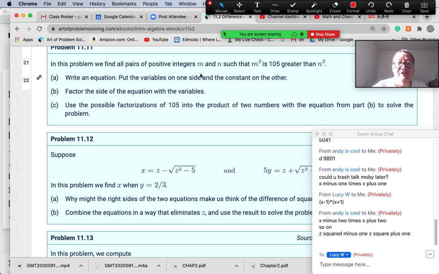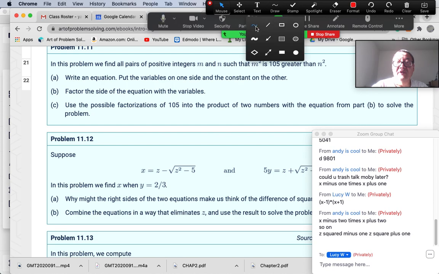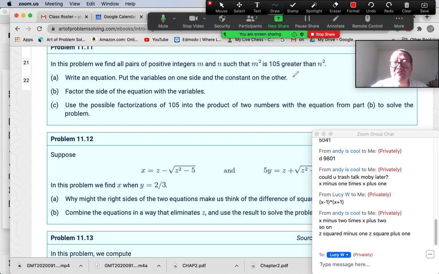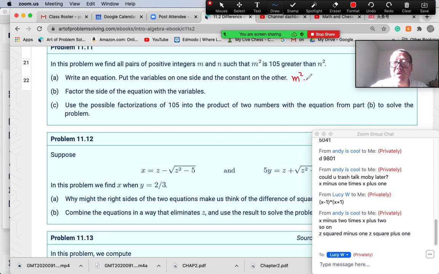To do that, first we write an equation, putting the variables on one side and the constant on the other side. So we can write this equation as m squared minus n squared equals 105.